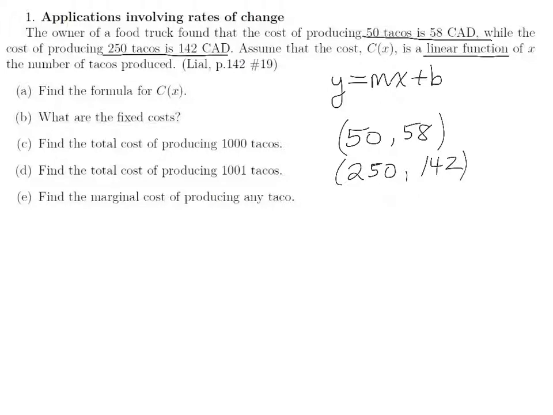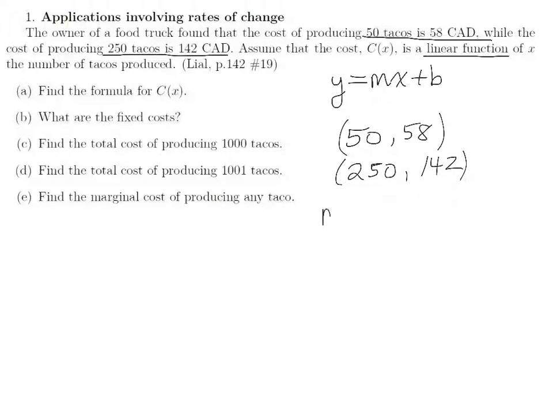So we can find the slope of the line, which we know is positive because it's costing more to produce more tacos. And we can then find the y-intercept by using one of the points that we're given. So let's start.